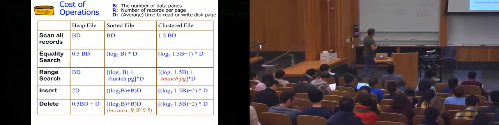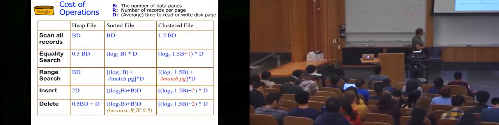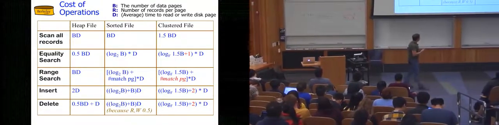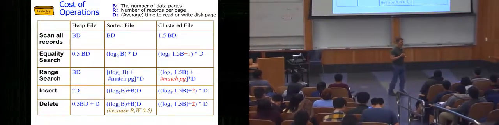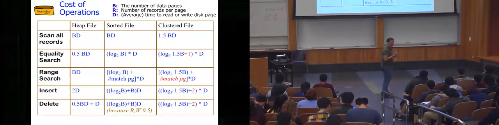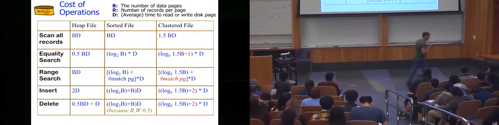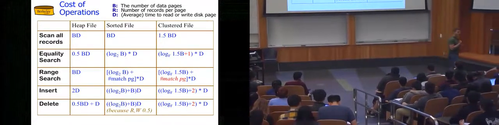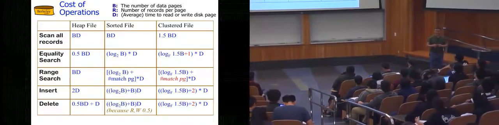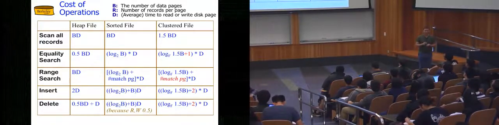All right? And that's why the equality search is log base F of 1.5 BD plus 1. What's the plus 1? Oh, actually, what the heck? It's log base F. What's F? Any guesses? We didn't really see F yet. It was hidden inside of a triangle.